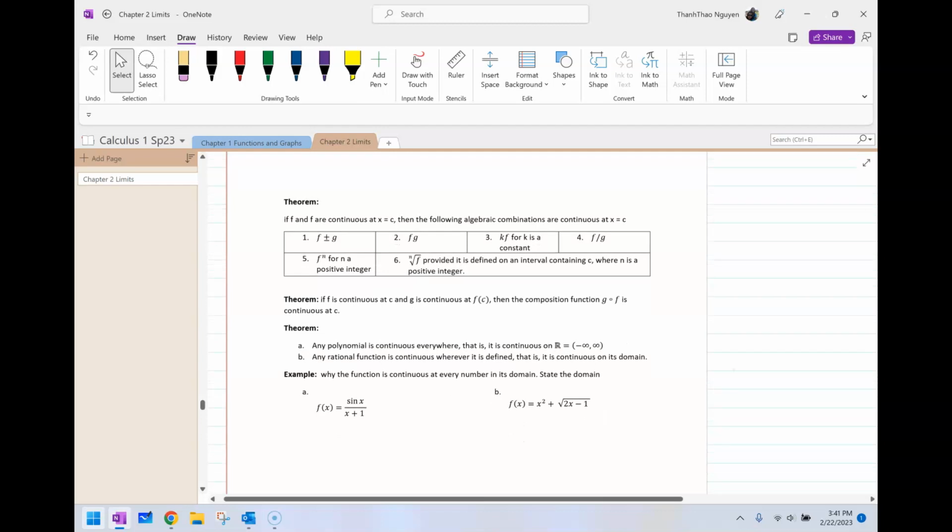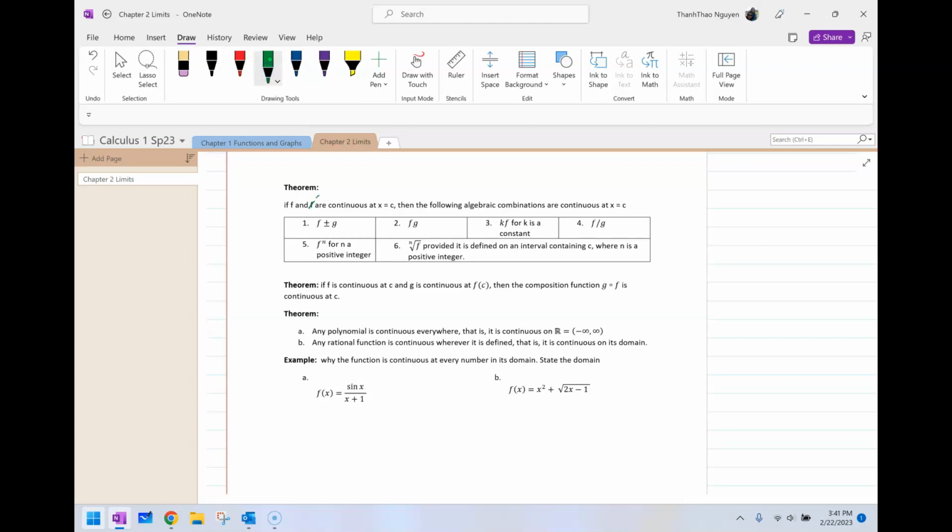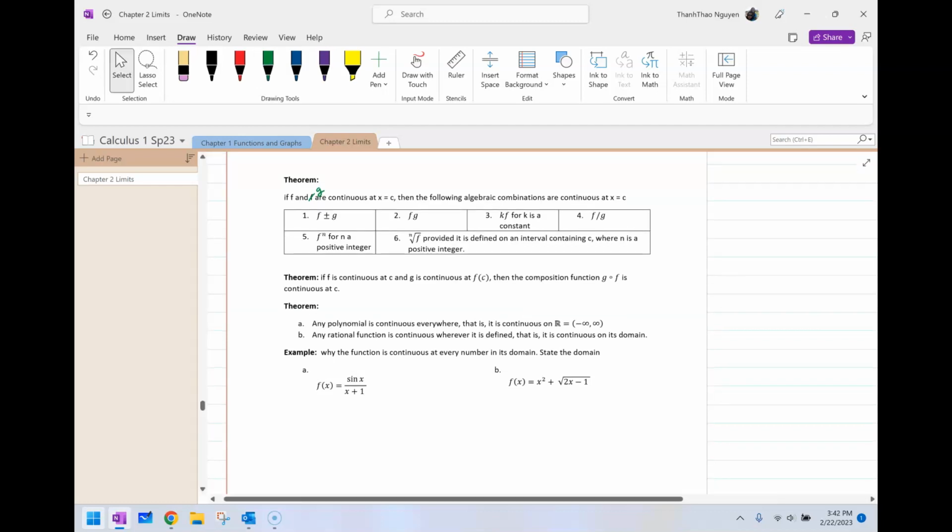Here we get some theorems. If f and g are continuous functions at x equals c, similar to what we have with limits, and we have the operations of functions as well.